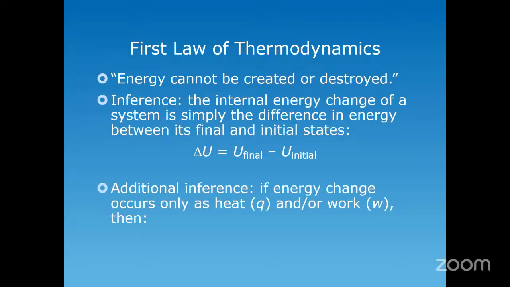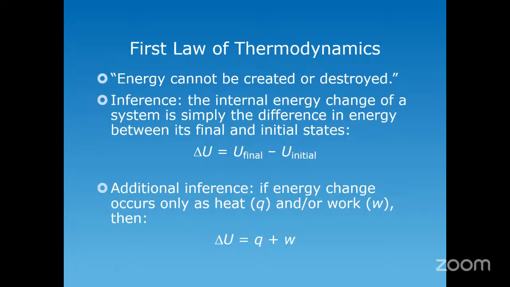An additional conclusion we can come to is that if the energy change that we just talked about occurs only as heat or work, then the relationship between this delta U value and heat and work is given by this equation.